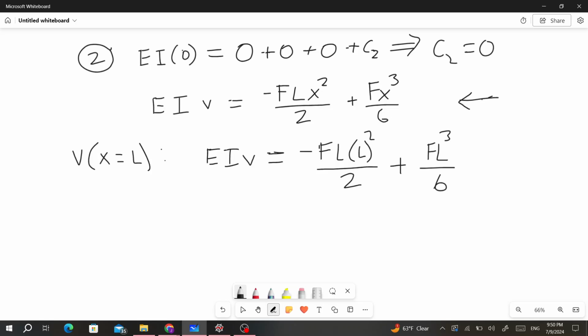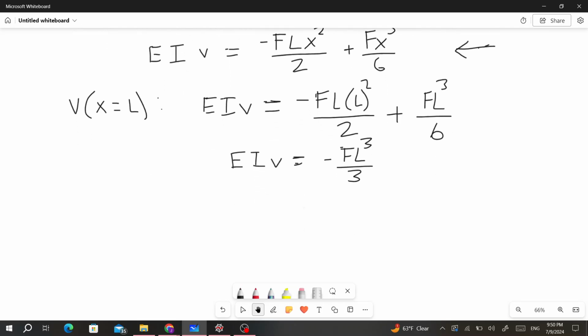If we simplify this, we'll have EI times v is equal to, after simplifying these fractions, minus FL cubed over 3.